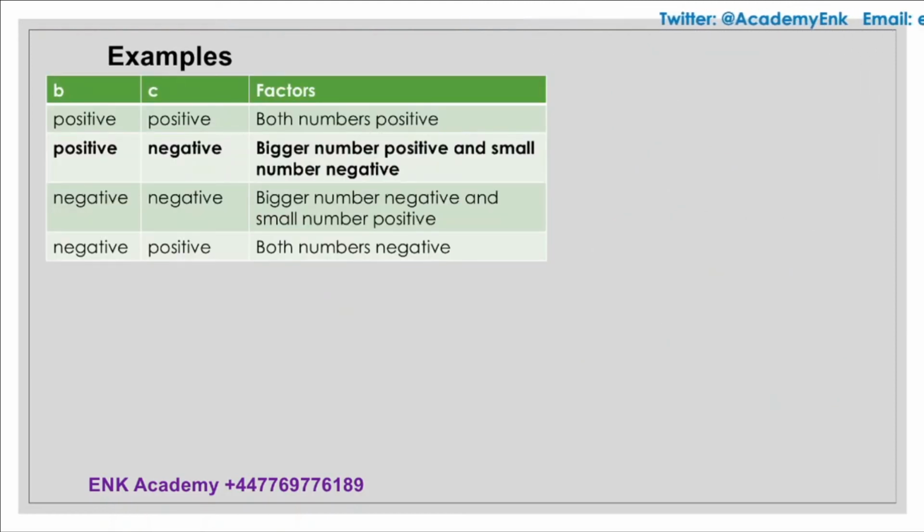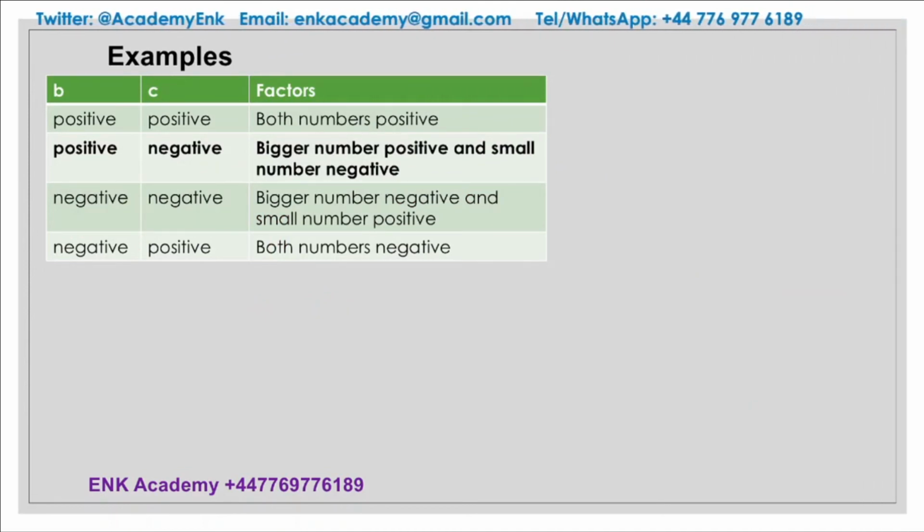Let's now see the second case where b is positive and c is negative. We just take the same expression we had before, x squared plus 7x plus 10. This time, let's make c negative. So we have x squared plus 7x minus 10.